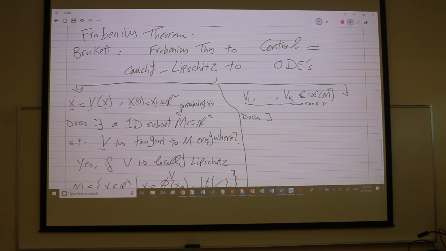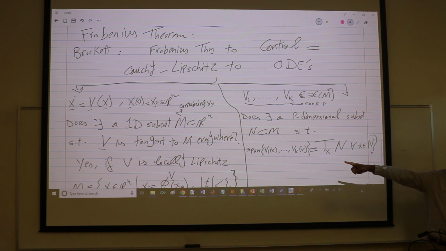Does there exist a p-dimensional subset N such that the span of V1 of x, up to Vk of x, spans the tangent space of N at x for all x in N? This is the question. Do you see that this is a generalization of this one?